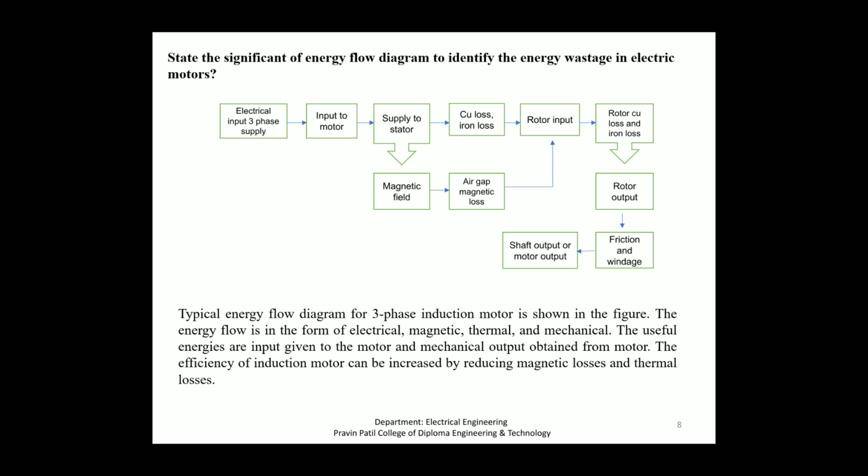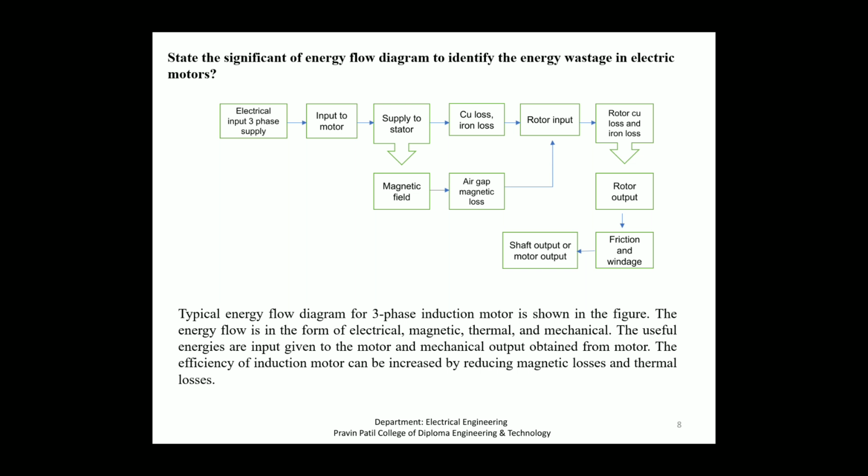The three-phase supply is given to the stator winding, then the output of the stator is given to the rotor. In the stator, there are two important losses: the stator core loss and the copper loss.